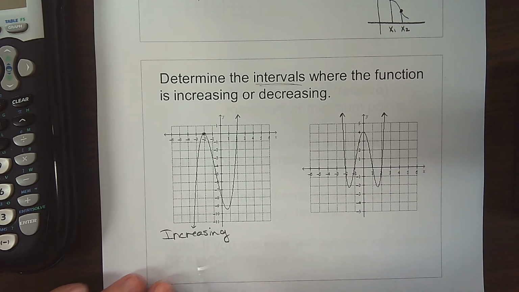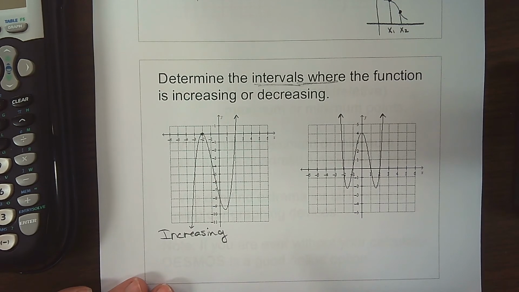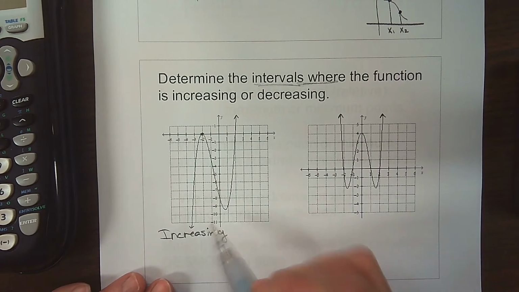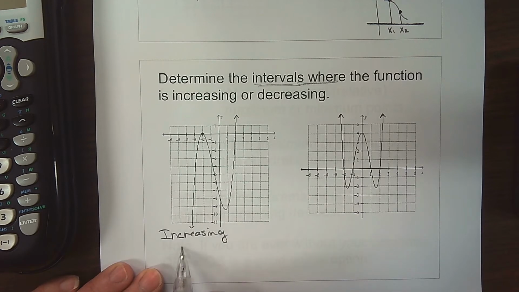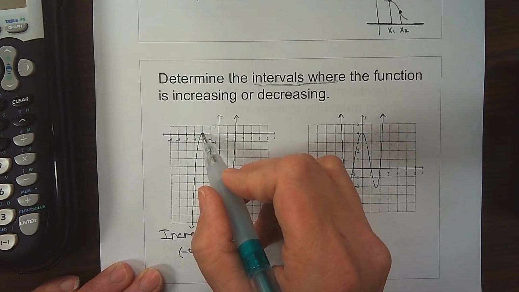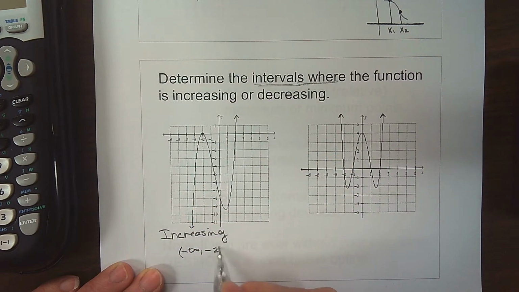When we say on which interval it's increasing, we're talking about the x values. So I would say from negative infinity until we get to this point right here, which in an x sense is -2. So from negative infinity to -2, the function is increasing.